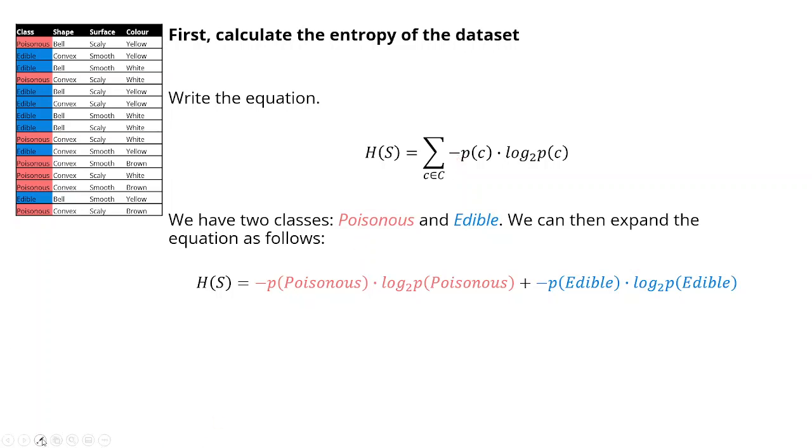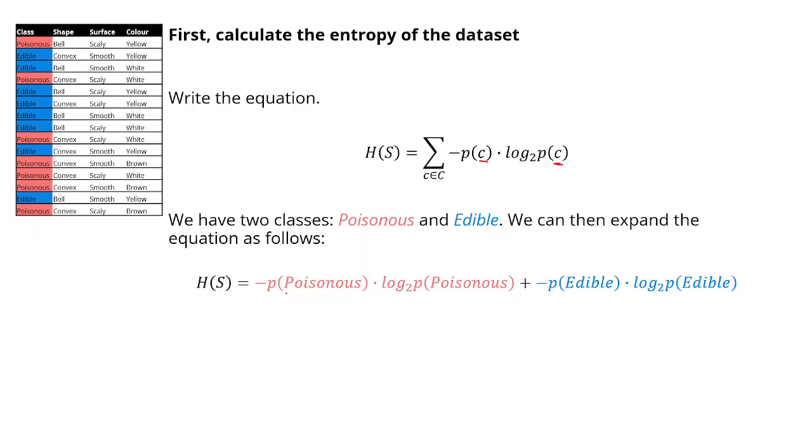Here we have the equation expanded. I color-coded it so that you can visualize it. The red represents poisonous, and then plus the blue, which is the edible. So again, look at the similarities. I just replaced the C. I replaced the C with the class.